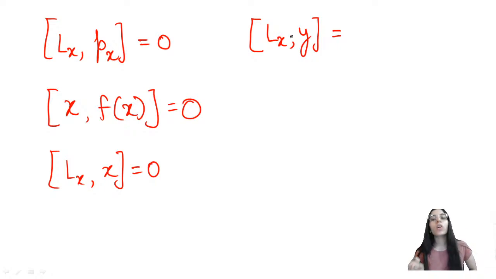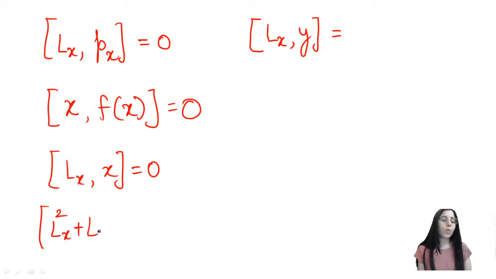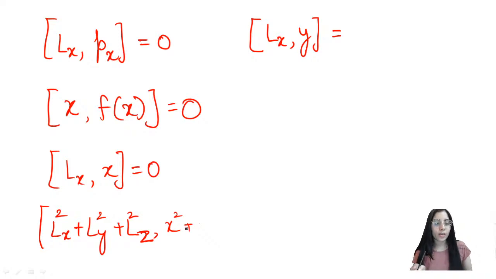if you want to find the commutator bracket of L square with R square, what you will do is, see, you will write L square as Lx square plus Ly square plus Lz square, and along with that you will write R square as x square plus y square plus z square. Clear? If you are just taking the vector R square, done.